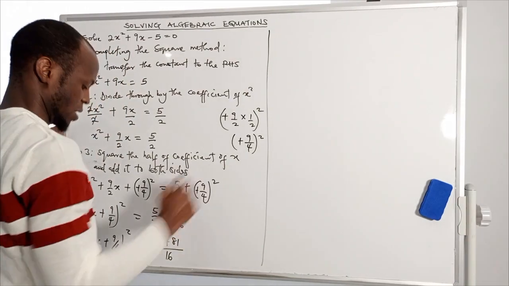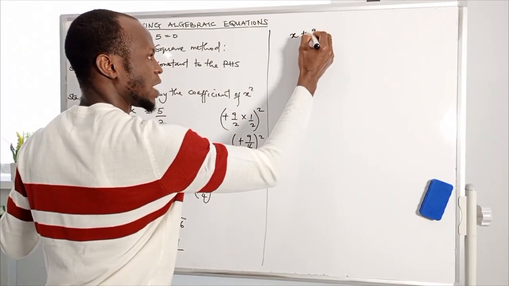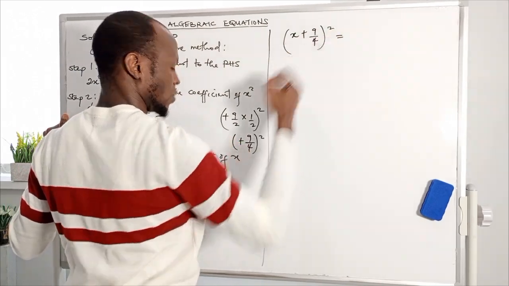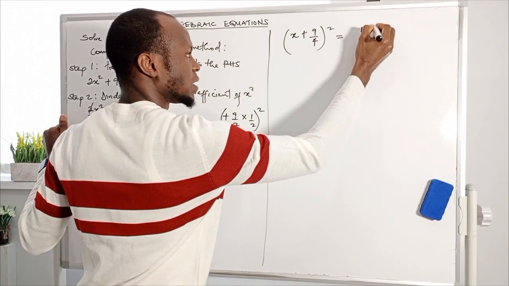So we have x plus 9 over 4 all squared equals 121 all divided by 16.